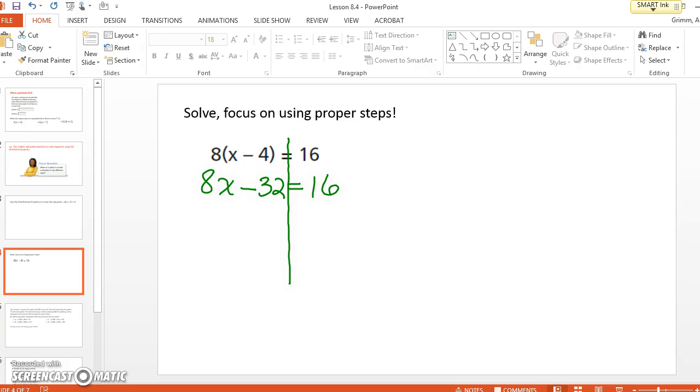Okay, what do I do next? Aubrey. Good. Add 32 to both sides. All right, so my 8x drops down. I'm going to add 16 and 32, which is 48. And then we should be pretty good at this, right? What's the next step, Mario?